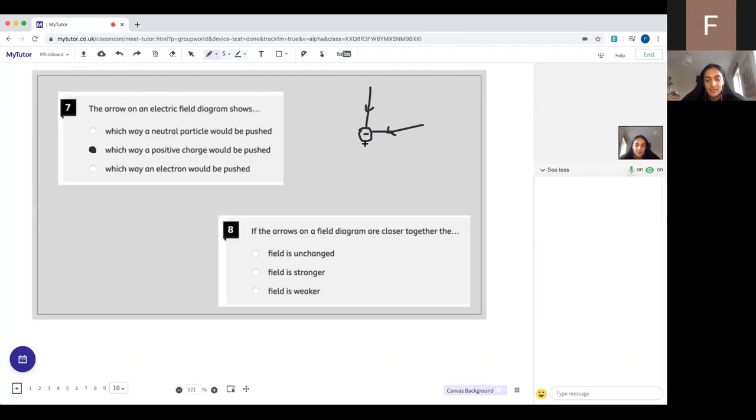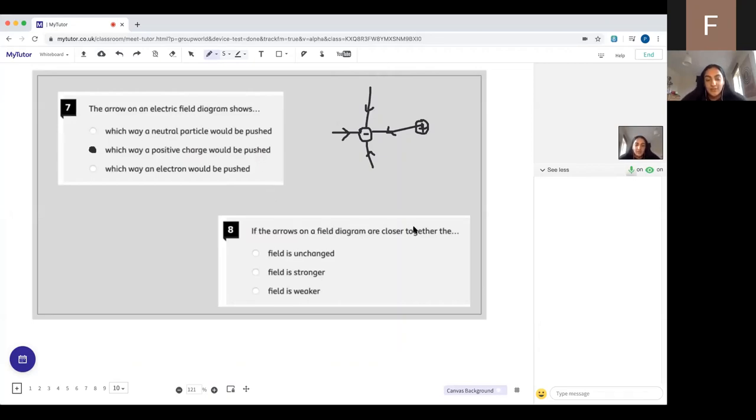Those lines are supposed to be straight, but they would go inwards towards the negative charge, and if you were to put a positive charge in this diagram, the positive charge would go towards the negative charge, and that's the same direction as the arrow. So the arrows on an electric field diagram show which way the positive charge would be pushed. Okay, so hopefully that makes sense.